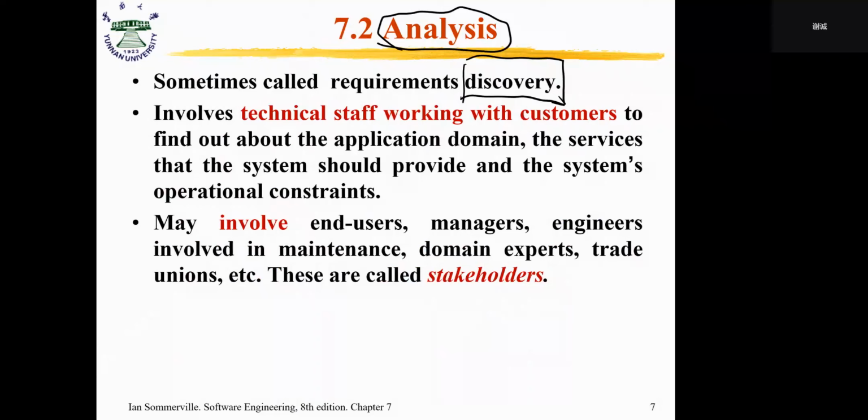Like if a bank wants a banking system, they always think in a bank way, not the system way. So they cannot directly tell you the requirements, especially the system requirements. Understand? They can simply tell you, okay, I want my system to save money. I want my system to withdraw money.